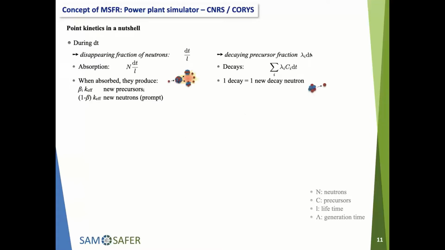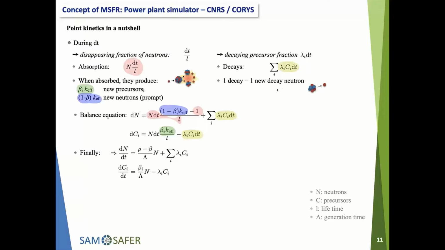At the same time, we have the decay of the precursors, with lambda the decay rate. So here is the decay term of the precursors, and one decay is providing to the system one new delayed neutron. And at the end, the point kinetic equation is just a balance equation of these terms, with here the absorption term.